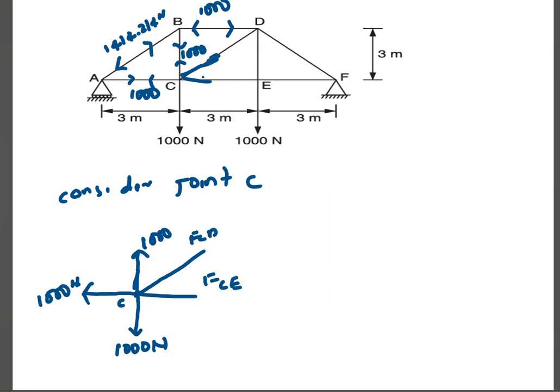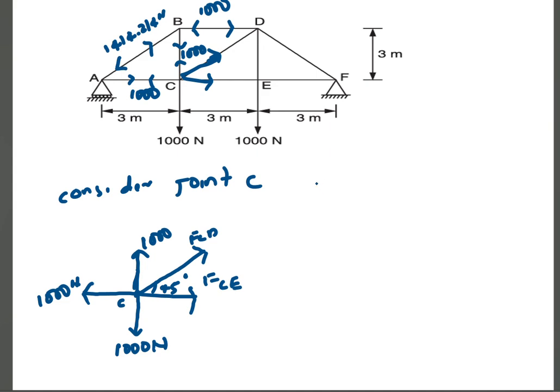You don't know their values. So the arrow mark should be away from the joint. You are considering that the force in the member FCD is tension and the force in the member FCE is tension. Here the angle is 45 degrees.